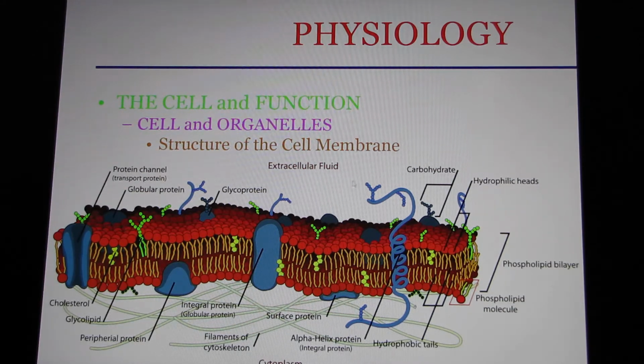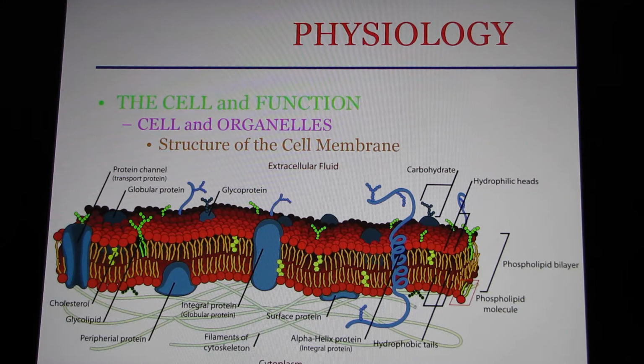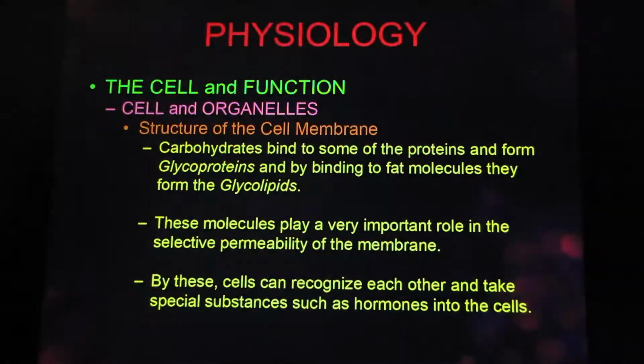And we have many features attached to the cell membrane which do specific jobs for the transportation of the material that has to be taken into the cell or excreted out from the cell.